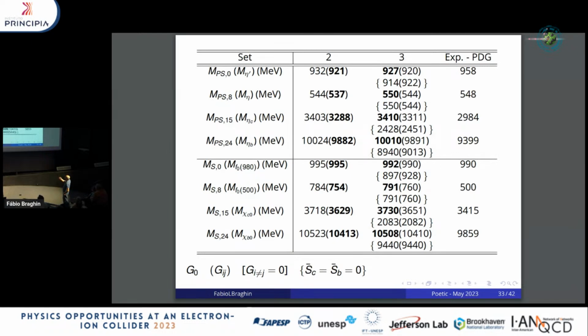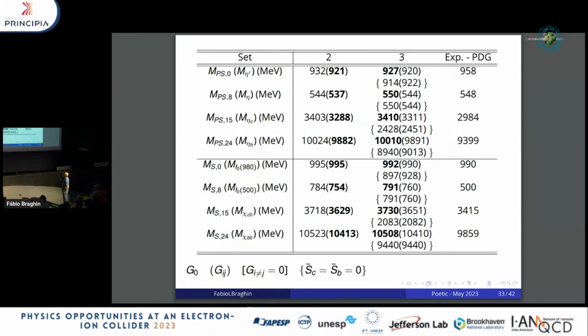So here we also have different types of calculations, but note that the mass of the eta prime with those mixings is quite close, within a few percent, to the experimental value, and the eta also is very close to the experimental value. The eta C and eta B masses are a little bit overestimated, though, so in principle this could be attributed to the overestimation of the heavy quark condensates.